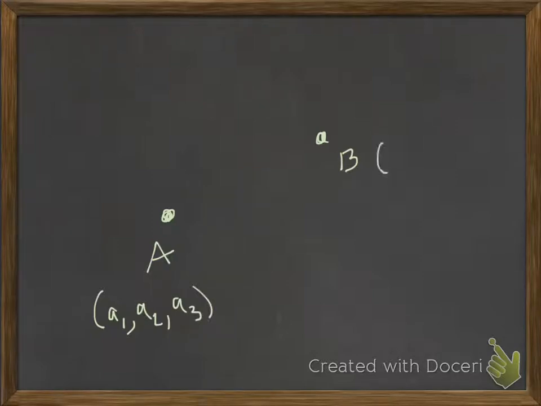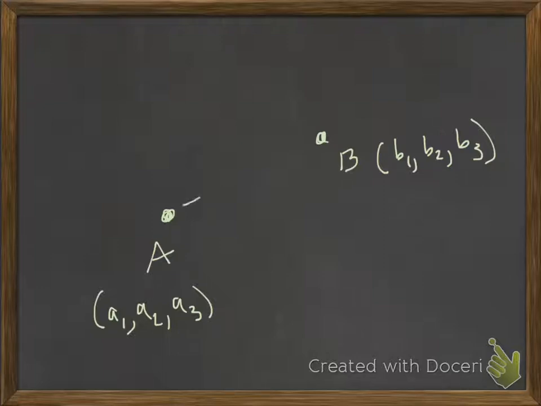All right, so if we look at two points in 3-space, A and B, with coordinates a1, a2, a3 respectively, so now we're talking about points and not vectors, and B has coordinates b1, b2, b3, then we can describe the vector between the two.